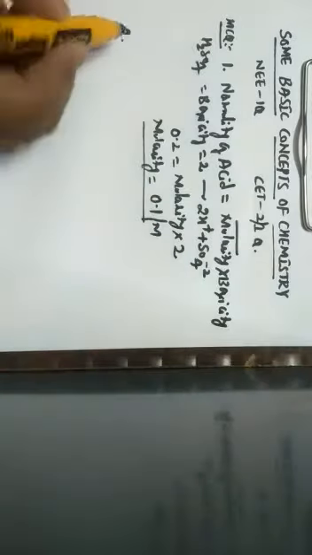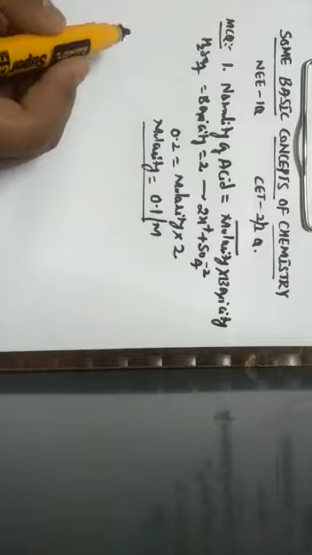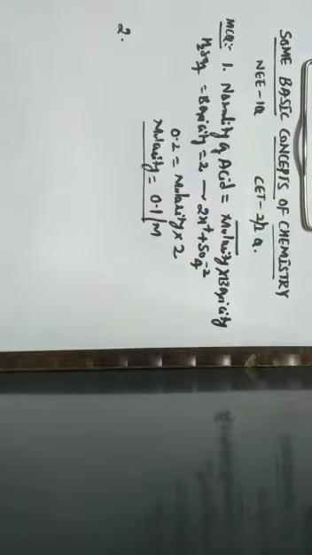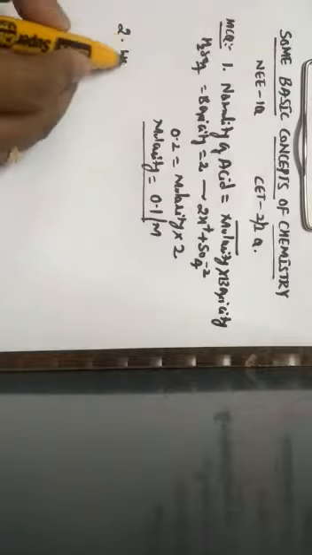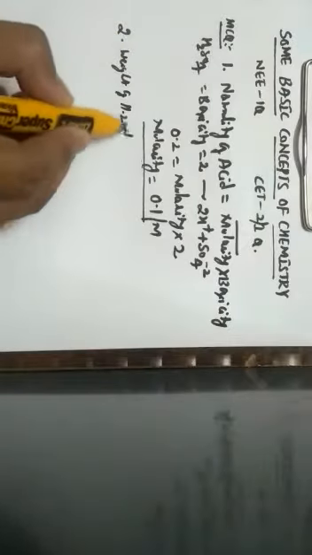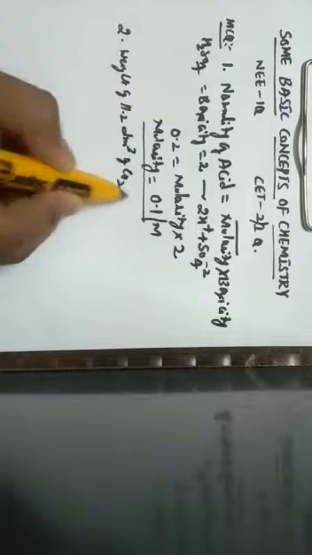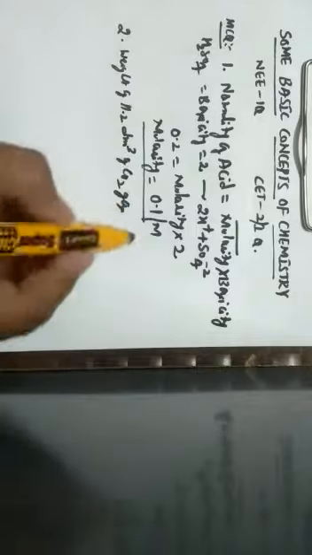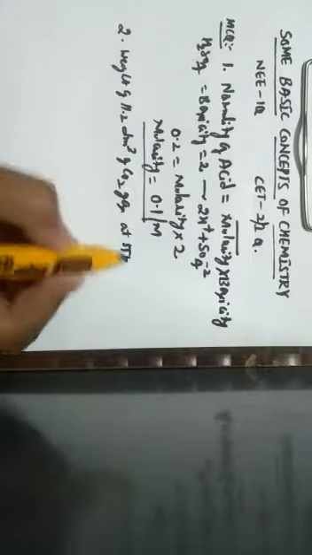Next one, question number 2. The decomposition of a certain mass of calcium carbonate gave 11.2 dm cube of carbon dioxide gas at STP. The mass of KOH required to completely neutralize the gas is. So here it has been given 11.2 dm cube of carbon dioxide gas at STP.